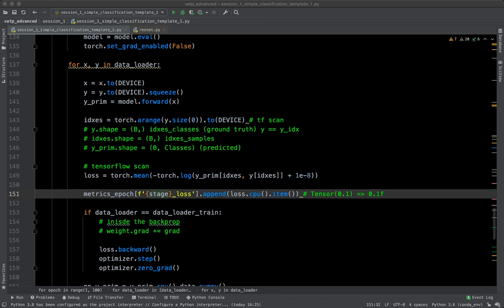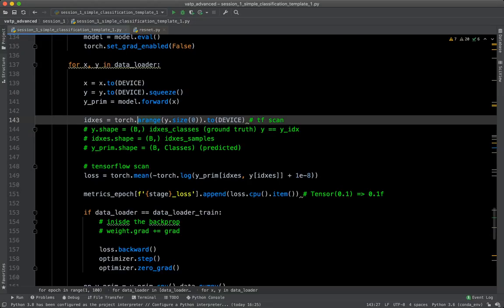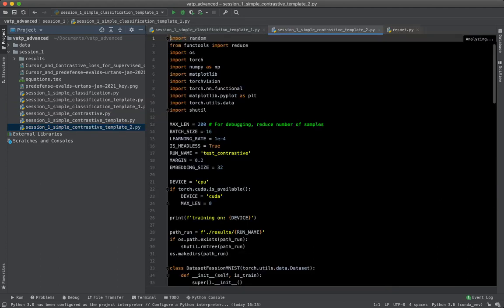Okay, so I will try to get it quickly. So the other template, copying it, hopefully. Let me know if you can access it. I've just copied it in the chat. So this is a contrastive template, a simple contrastive template here.